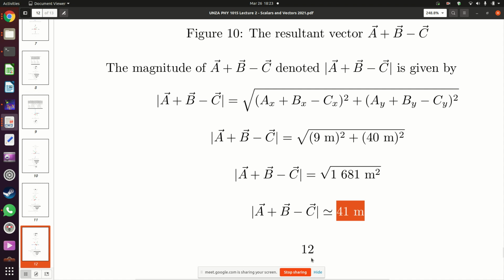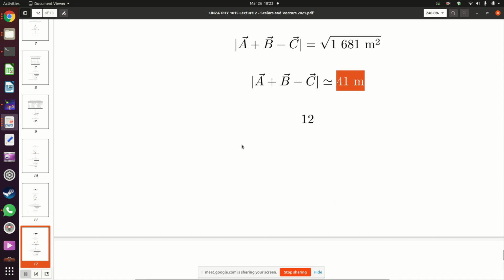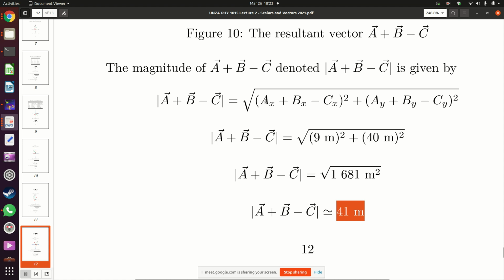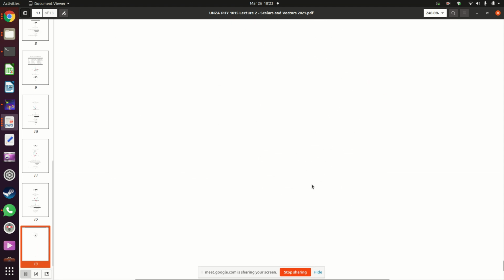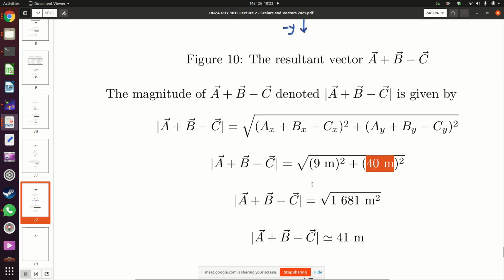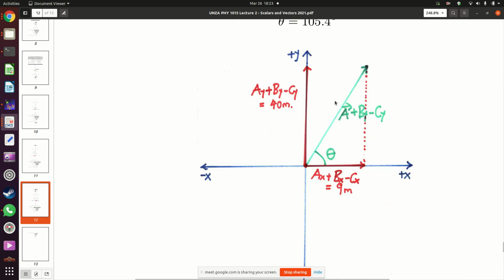The next question is, where is A plus B minus C located? Remember, along the x-axis, A plus B minus C has got a size of 9 meters. Then along the y-axis, it has a size of 40 meters. So if you sketch this, where is the sketch diagram? Here. If we sketch this here, along the x-axis, AX plus BX minus CX, this is 9 meters, it's positive.